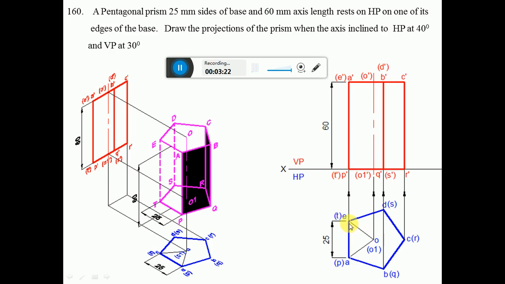Similarly, taking the point T, using the protractor, you measure an angle of 108 degrees with respect to PT, and draw an inclined line.